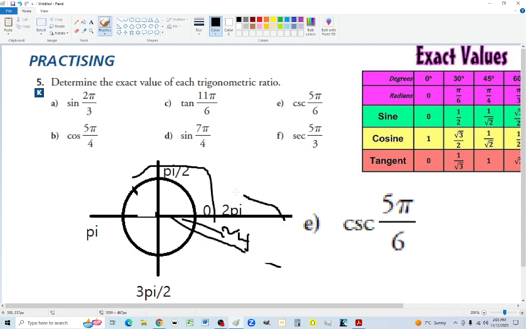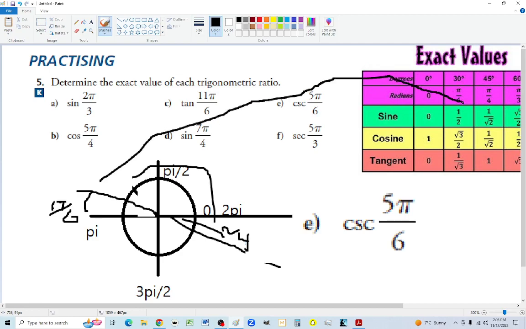So 5/6 is almost 6/6, which means we're just short of 1 pi, which means we're over here. And it's only 1/6 to go in there. So pi over 6 is the acute angle, which is right there, 30 degrees. We also notice that it's cosecant, which is related to sine, and that sine is positive over here.